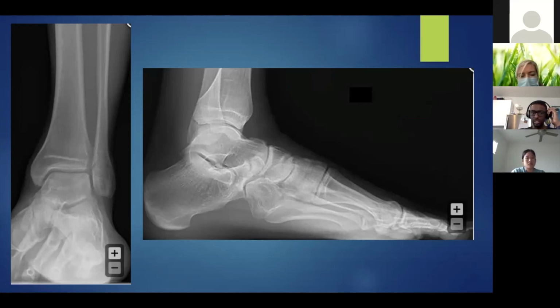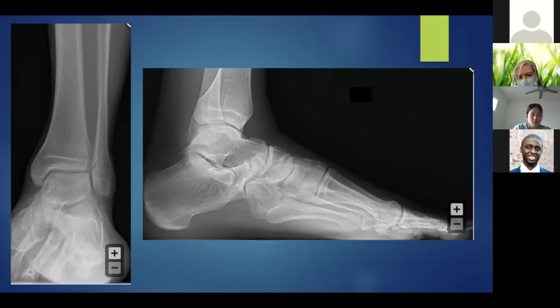On the lateral, the tibia may be a little asymmetric with relation to the talus. Might be some posterior opening. Maybe there's a tiny crack in the fibula.